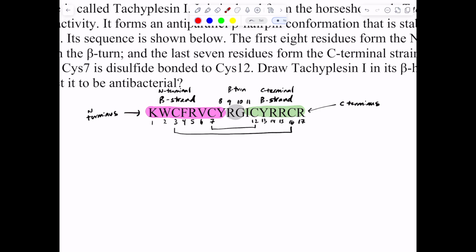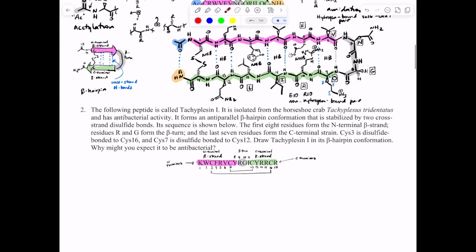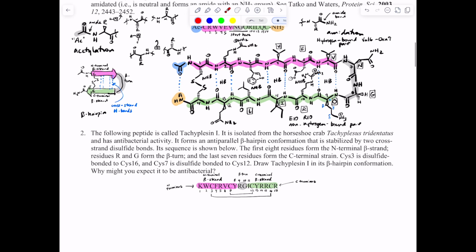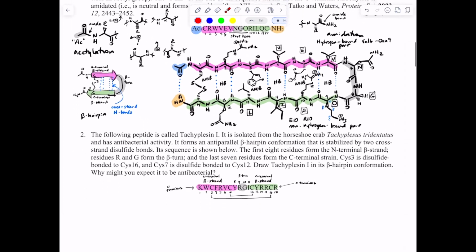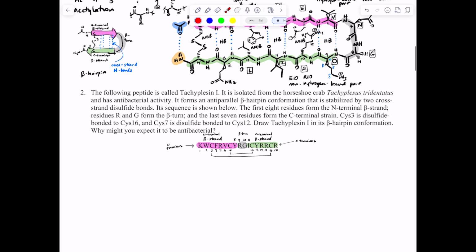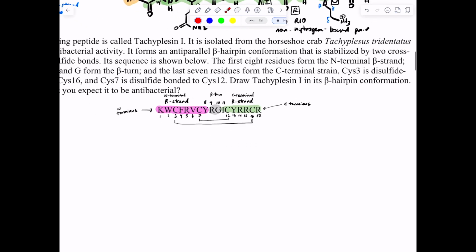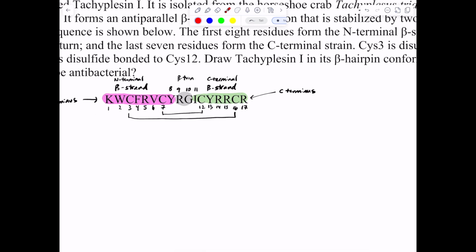Where you should begin here is the same place that we began above. This is a few amino acids longer than above, so we're going to need to, again, begin over here on the right-hand side. I would begin with the tyrosine immediately preceding the turn, and then the isoleucine immediately following the turn.